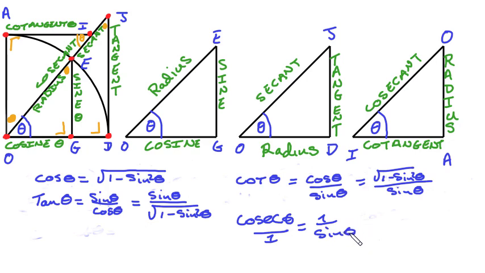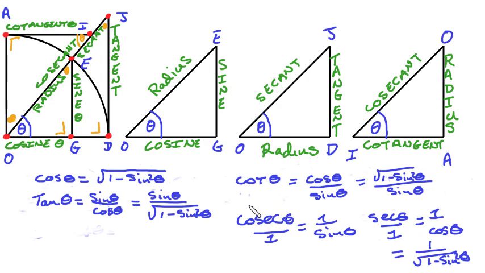And finally, we can see that the secant to the radius, so sec theta over a radius of 1, would be equal to the radius over cosine, so 1 over cosine theta, which would be equal to 1 over the square root of 1 minus sine squared theta.